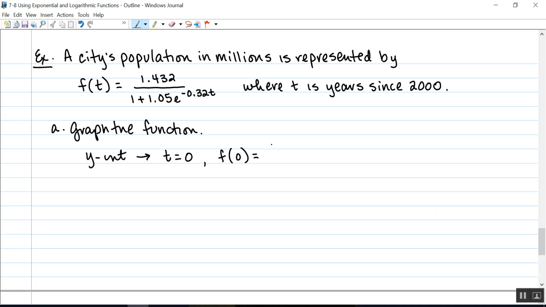So that's going to give me 1.432 over 1 plus 1.05, or 2.05, because when I put in 0 for t, that makes the exponent 0, and e to the 0 is just 1. And that's approximately 0.7. My horizontal asymptote is going to be the line y = 1.432.